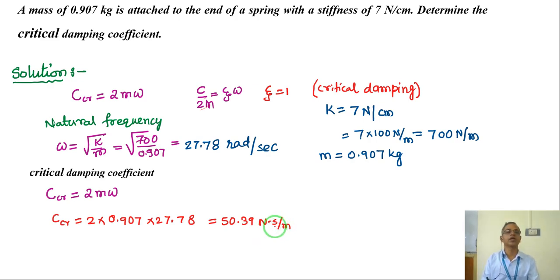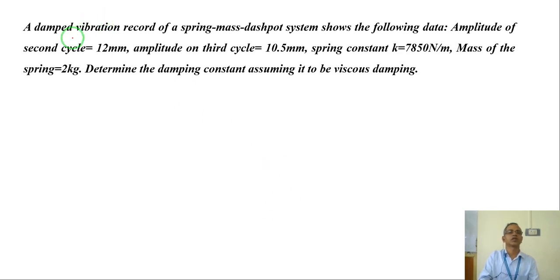So let us look at the next problem, which is a damped vibration record of a spring mass dashpot system that shows the following data. The amplitude of second cycle is 12 millimeter, amplitude of third cycle is 10.5 millimeter. We could see only the two amplitudes, second and third.